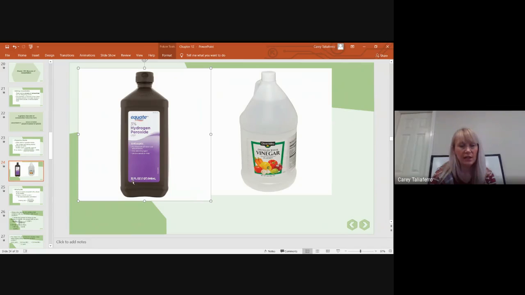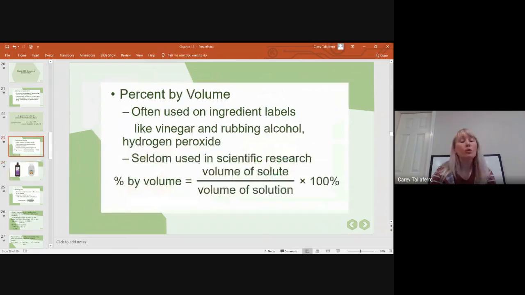And you'll also notice that we have 32 fluid ounces, or if you want to go more global markings as far as volume goes, 946 milliliters. So not quite a liter in this particular container. So let's go back up to the definition on this slide. When you look at something like hydrogen peroxide, that 3% is the percent by volume.